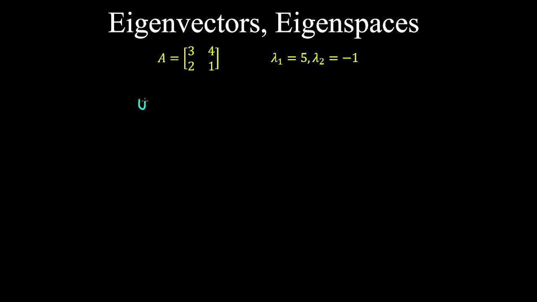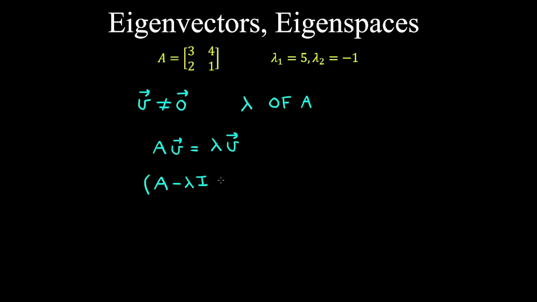As we mentioned, eigenvectors are non-zero vectors that correspond to an eigenvalue of matrix A, and they satisfy the following equation. And we saw this written as A minus lambda by the identity matrix by the vector V is equal to the 0 vector.